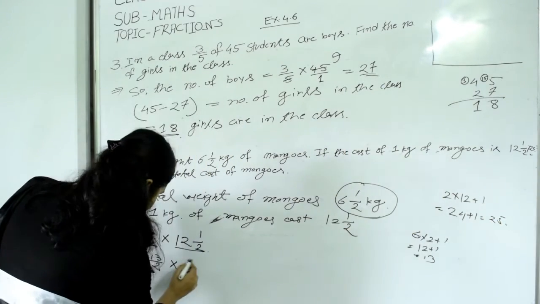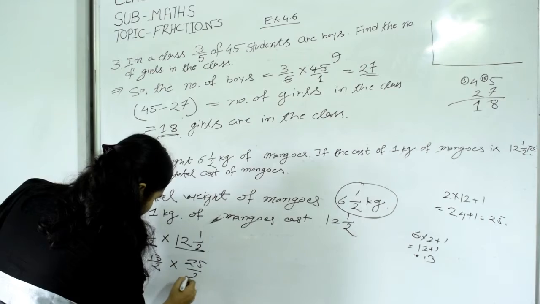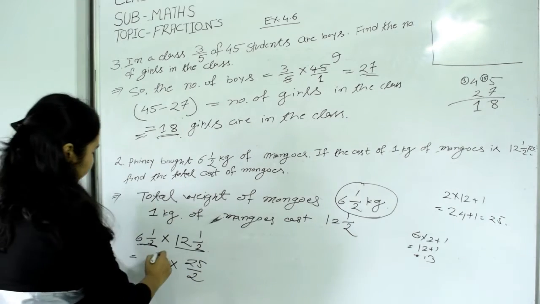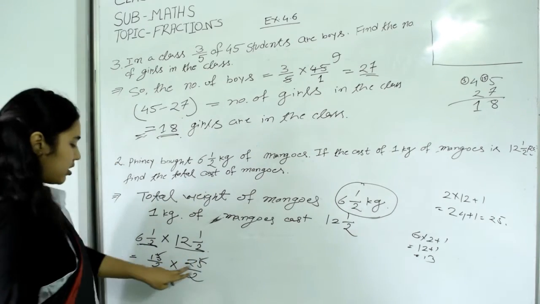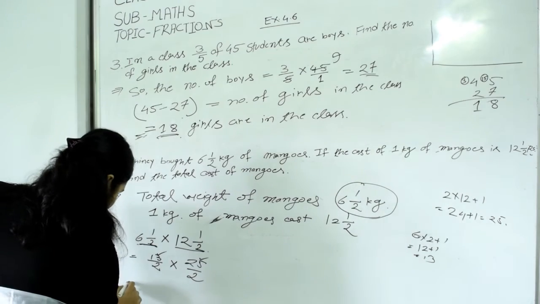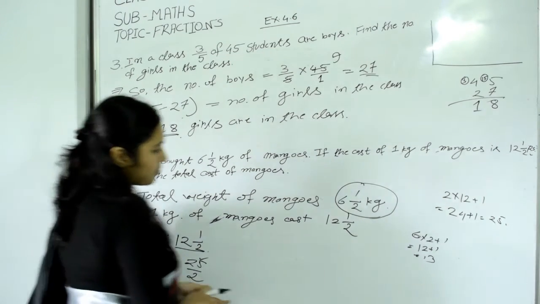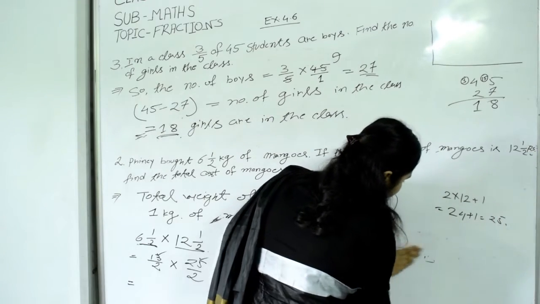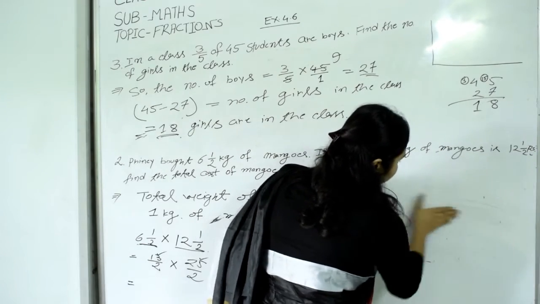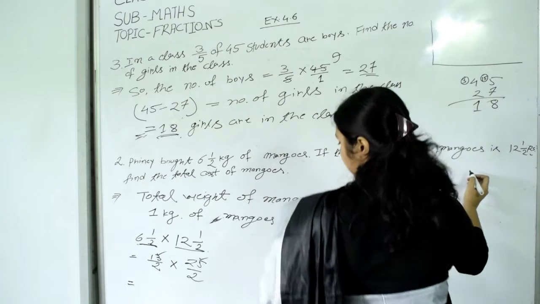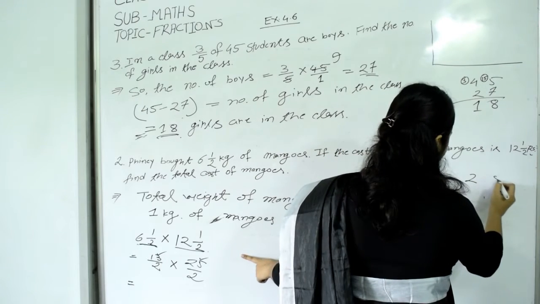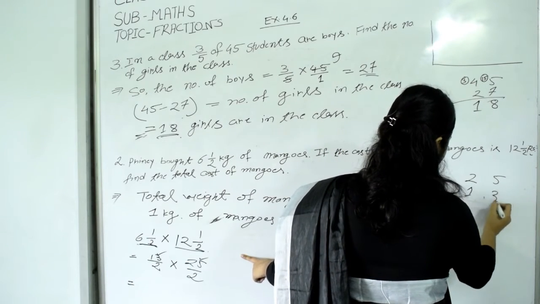Right? 25 by 2. Now first multiply both the numerators and then multiply both the denominators. Okay. So multiply 25 and 13.